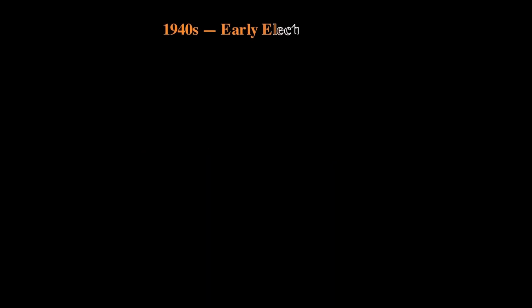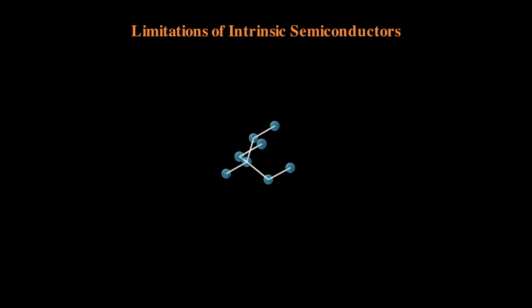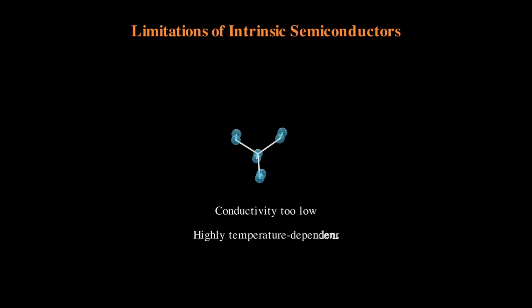In the 1940s, or the early days of electronics, engineers were faced with a critical challenge. Pure intrinsic semiconductors like silicon and germanium had severe limitations. Their conductivity was too low for practical applications. Their electrical properties were highly temperature dependent.